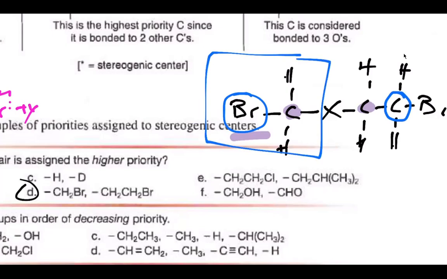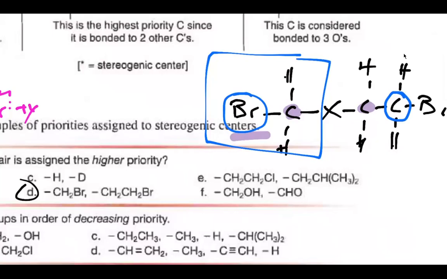So you just look for a point of difference, and then you compare the atomic masses, or the atomic numbers, at the point of difference. We're going to talk more about this. Say again. So this is the last one. So basically, you have to stop with the least amount of atoms on one side. You can't really count that last bromine on the right because there's only two other atoms on that left side, right?